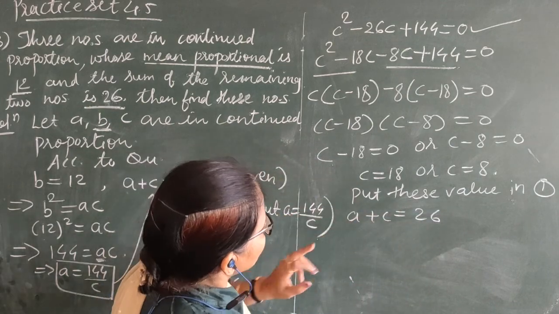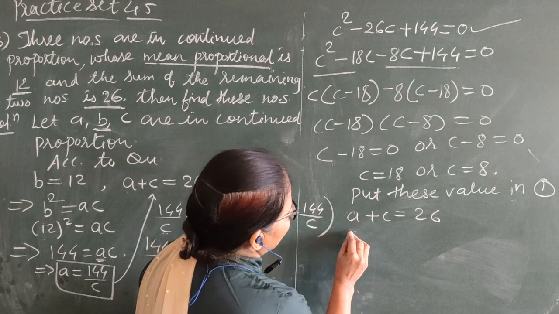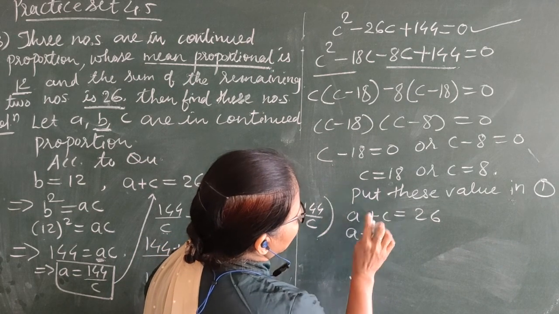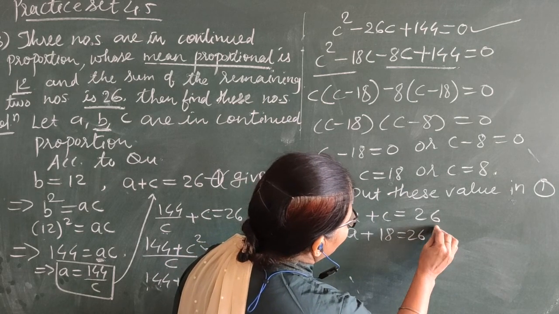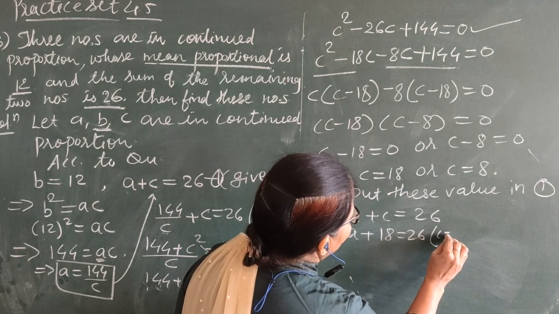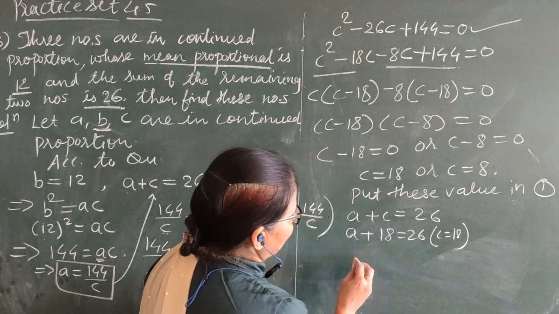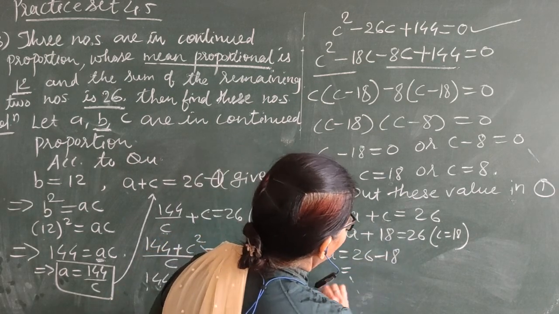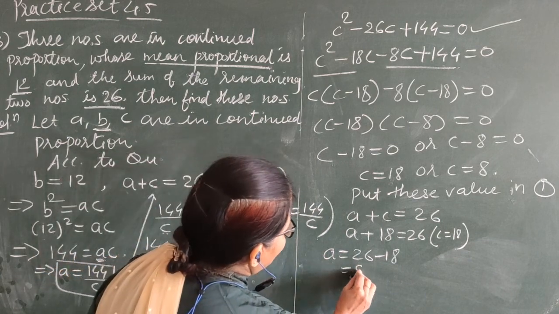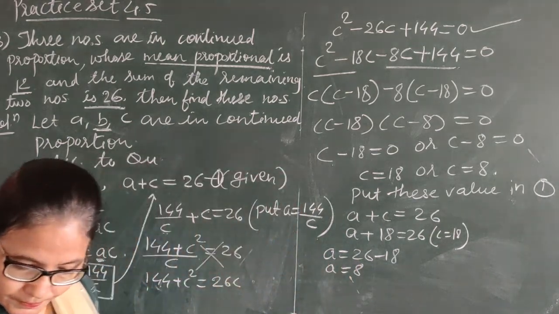Now this A will be as it is. I am taking 18 for C, so A plus 18 is equal to 26. Here C is equal to 18. Now let's simplify. 26 minus 18 is equal to what? 8. What we are getting? A is equal to 8.